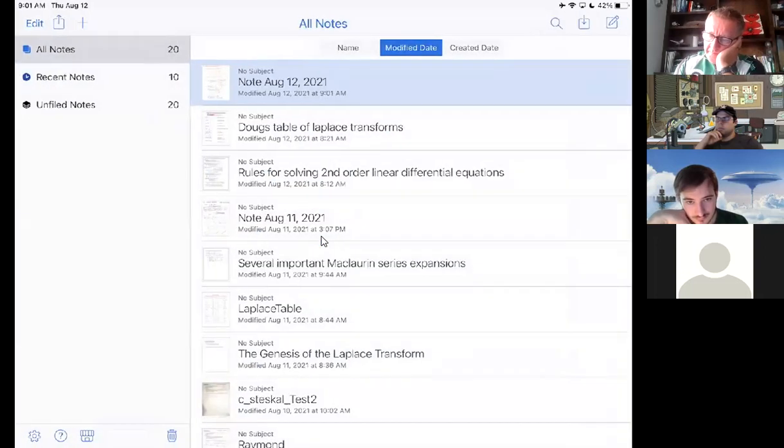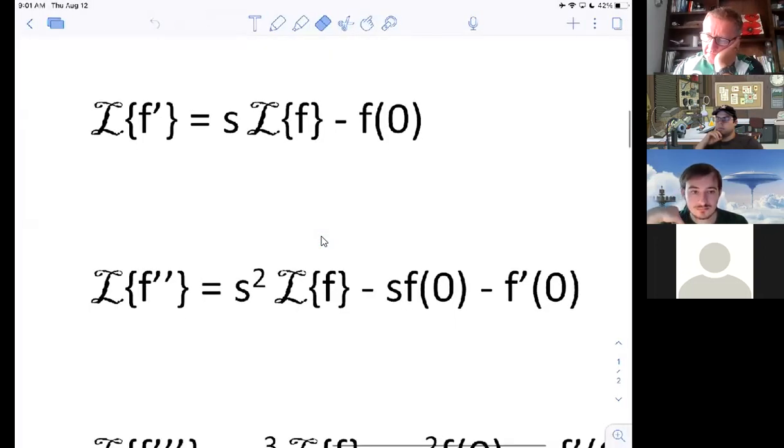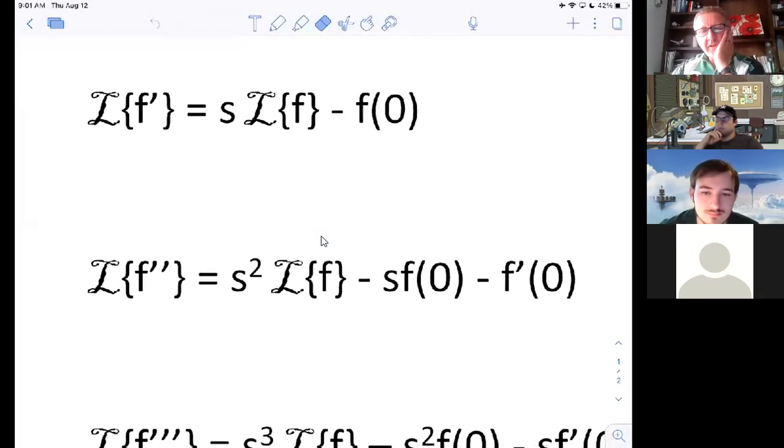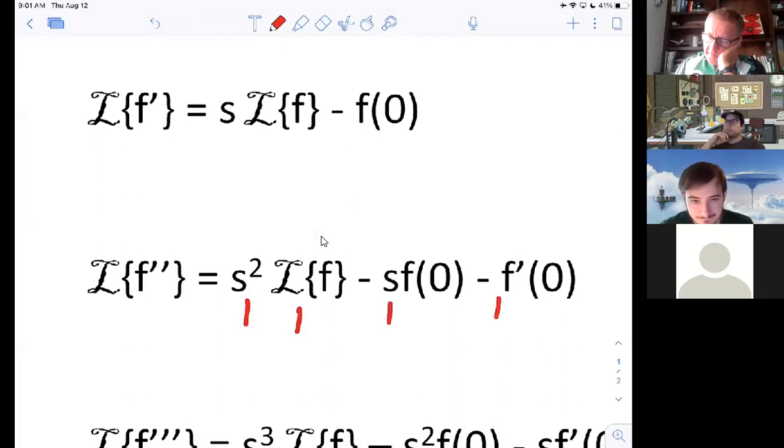Let's take a look at my note sheet. So first of all, do you agree that's what we just got for the second order derivative? Started with s squared, and then it went s to the first and s to the nothing. And then we had Laplace transform of f, its derivative is f prime, always minus signs, always evaluated at 0.